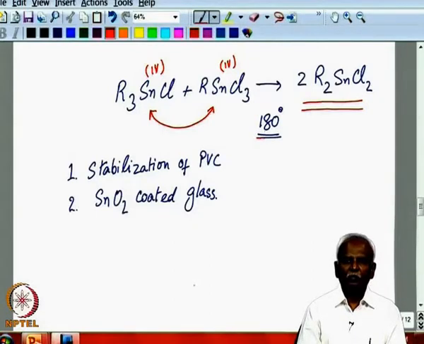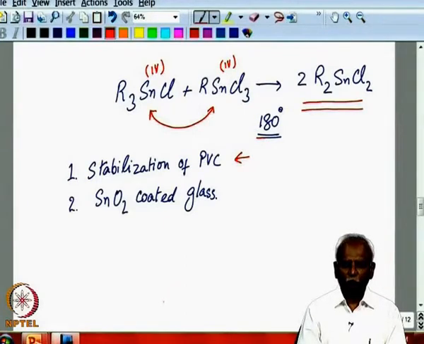R2SnCl2 is an important intermediate which is used in the stabilization of PVC. You can use tin chlorides and tin alkyls as molecules which will absorb the HCl that is evolved during the making of PVC.